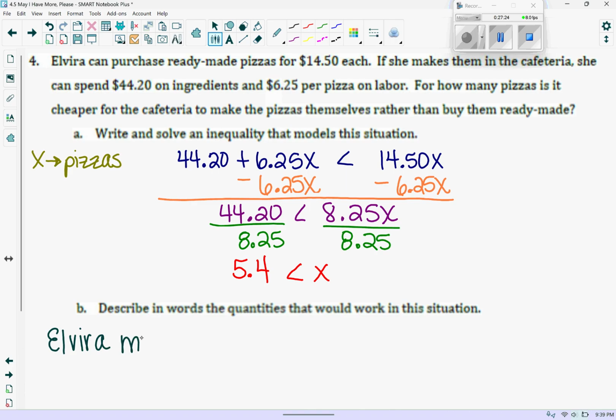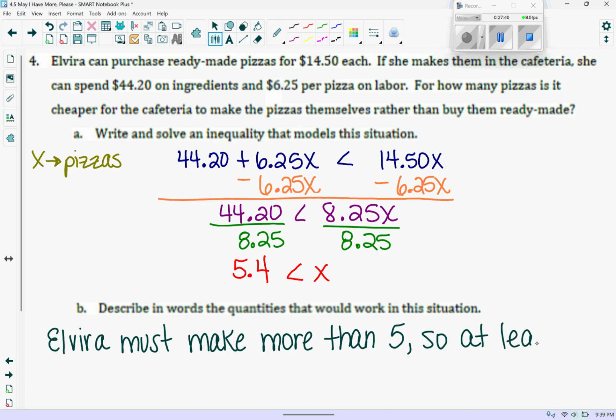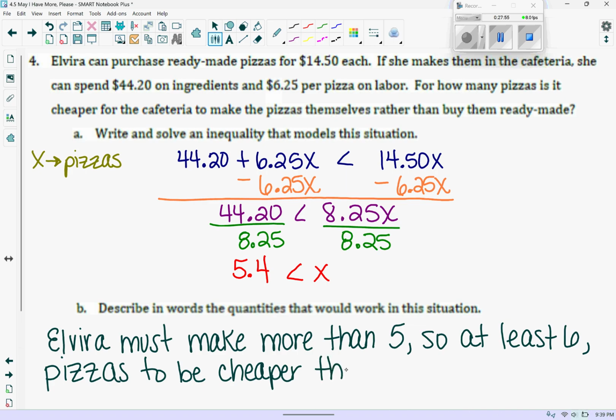So you can word it different ways, but I'm going to word it this way. Elvira must make more than 5, and then I'm going to put in a comma. So at least 6 pizzas to be cheaper than ready-made.